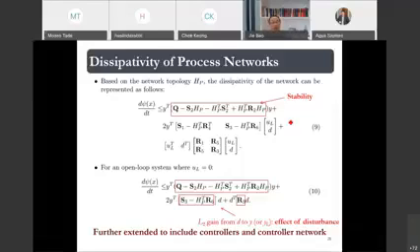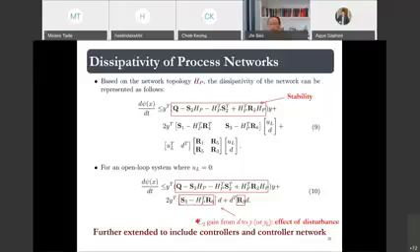In this particular case, we assume that we don't have a controller at first, so we're looking at the open loop system. And it basically says that if each individual subsystem is stable, when you interconnect them, do you have a stable plant-wide system? The answer depends on the topology of the plant-wide system, depending on HP, depending on whether this overall plant-wide Q matrix is negative definite.